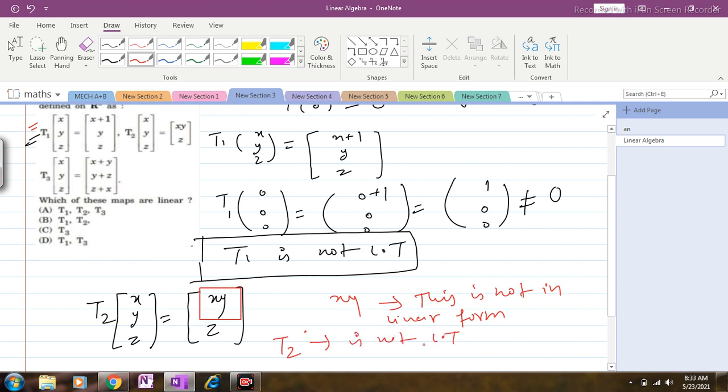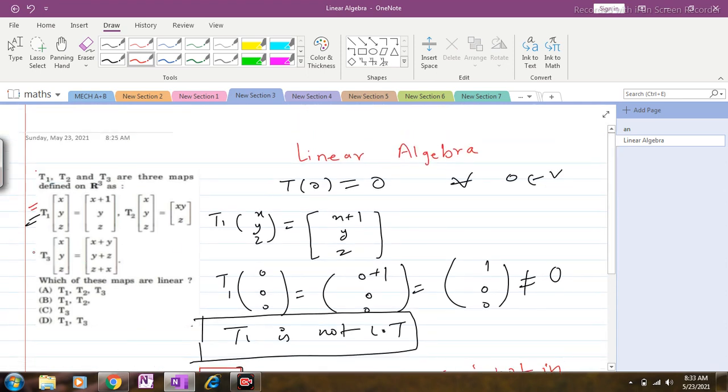Okay. Now I will come to T3. If we solve T3, we will see it is going to be a linear transformation 100%. So now I will discard the options. The first option says T1, T2, T3 are linear transformations. As we know, T1 and T2 are not linear transformations, so this is wrong.